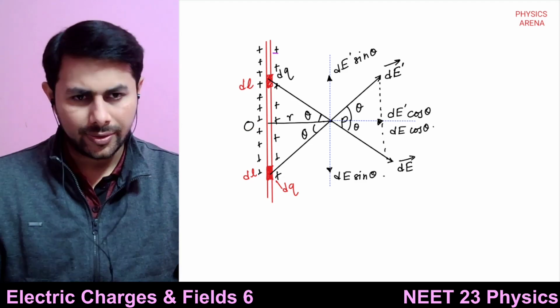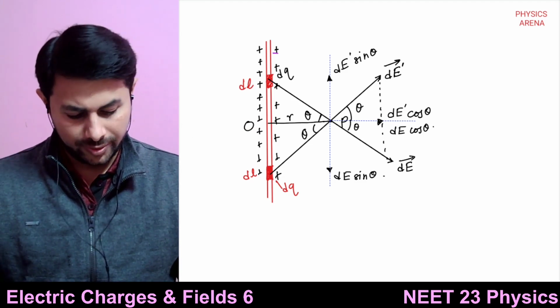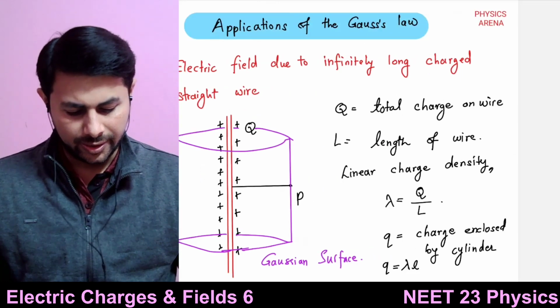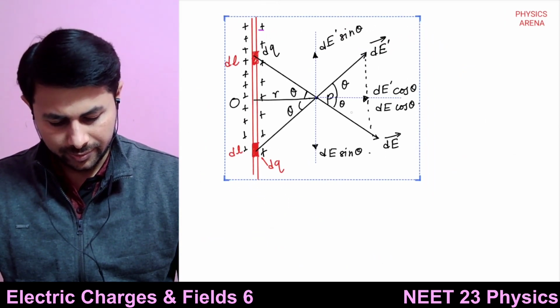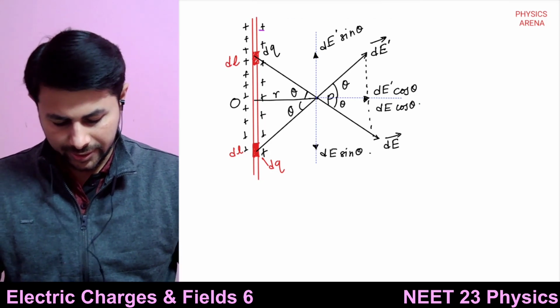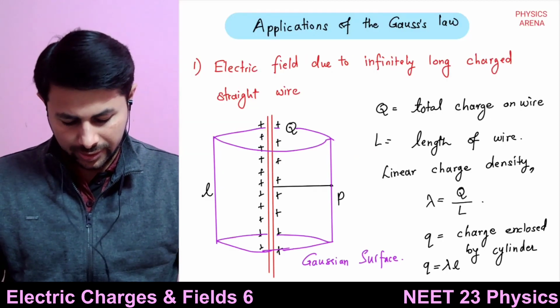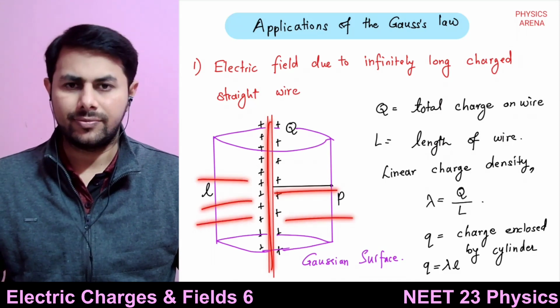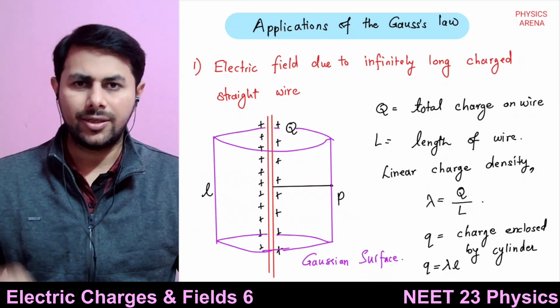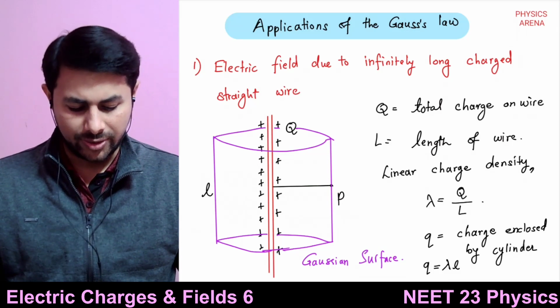All right. So after that, now we want to find out the flux due to the electric field of this wire through this Gaussian surface. For that, we'll consider three parts of this Gaussian surface.